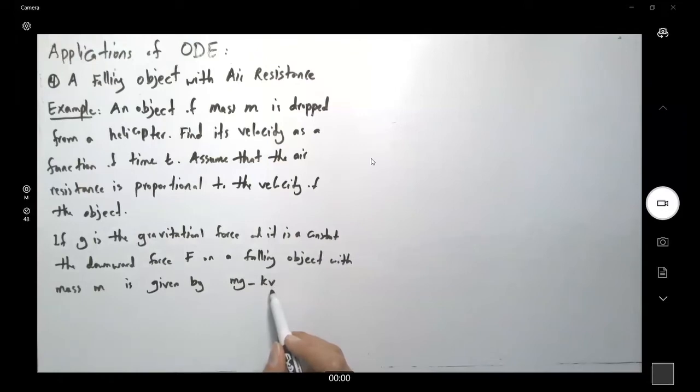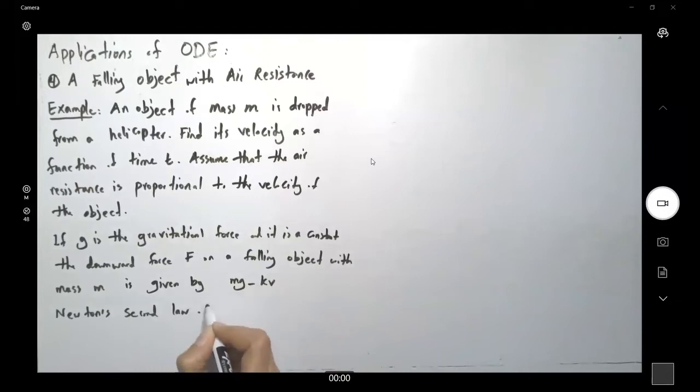In this case, using Newton's second law of motion, we know that F is equal to m times a, or m dv/dt, the rate of change of velocity with respect to time.